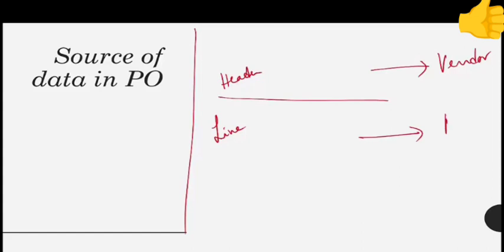Line items comes from the material. And we have seen the order of precedence in the PO, meaning if a particular piece of data comes from two different sources, you know how to check which one takes precedence. Just maintain the data and create transaction and check where the data comes from.